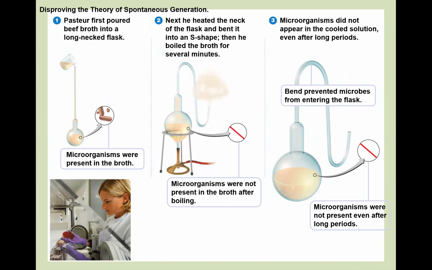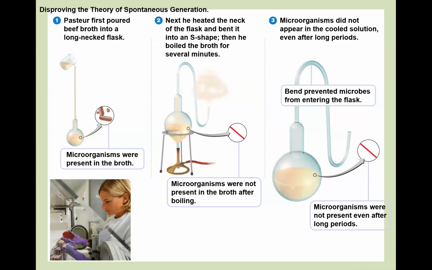Pasteur's idea was that he would pour beef broth into this flask, and there were microbes present in the broth. Next, he would heat the flask and bend it into an S shape. And again, he boiled it for several minutes. So a lot of these organisms would be eradicated by this boiling technique.